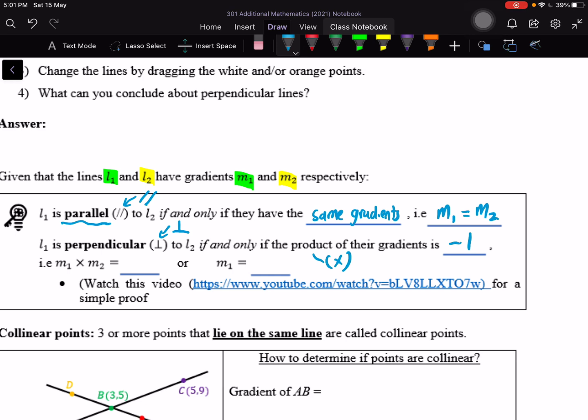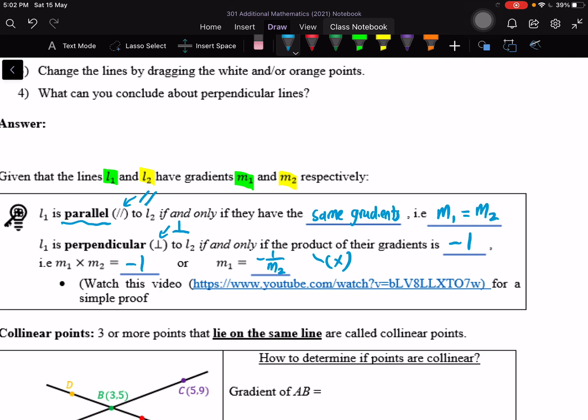You can think of it as M1 times M2 is negative 1, or if you make M1 the subject, you divide by M2 and get negative 1 over M2. Looking at the gradients, the product of their gradients is negative 1.